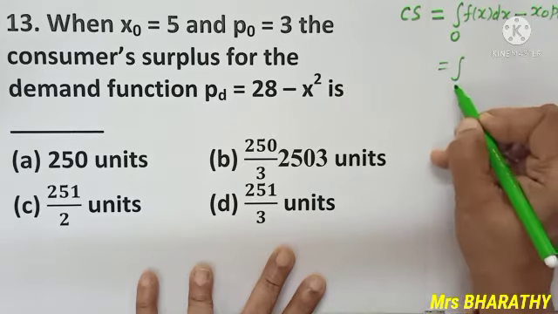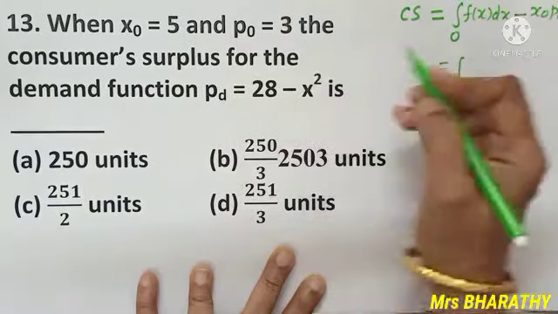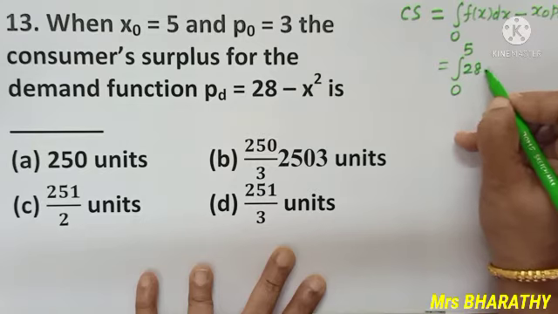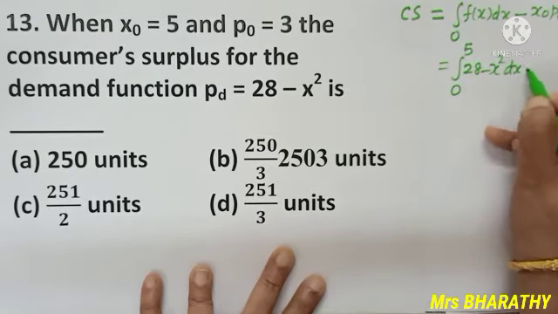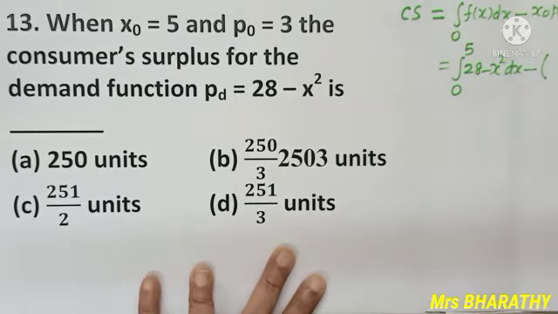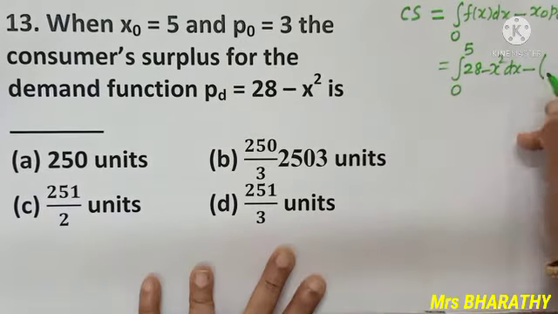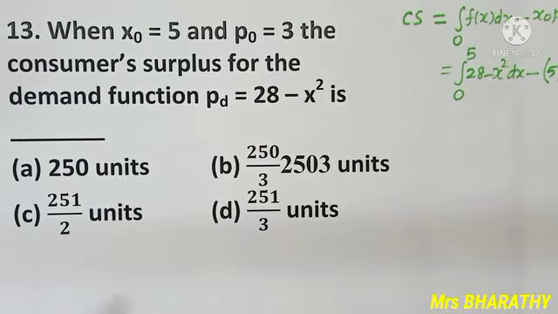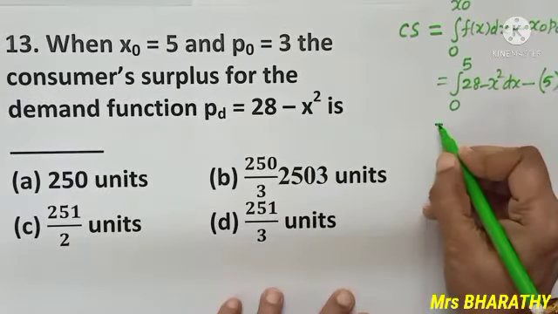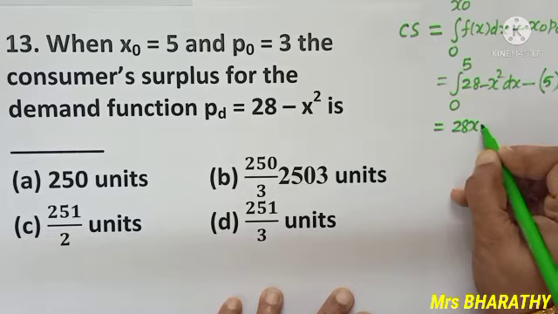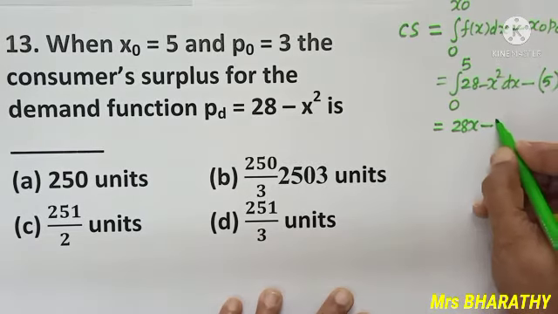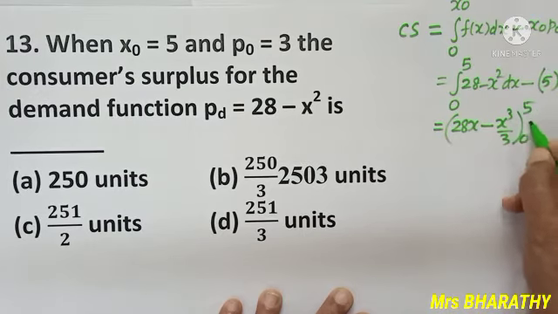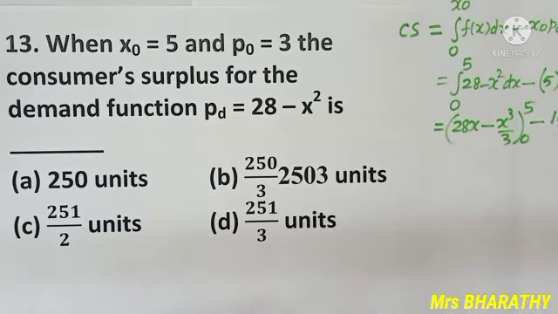As we substitute, 0 to x naught is 5, f of x is the demand function, that is 28 minus x square dx, minus x naught value 5 and p naught value 3. As we simplify, 28 becomes 28x, minus x square becomes x cube by 3, between the limit 0 and 5, minus 5 threes are 15.